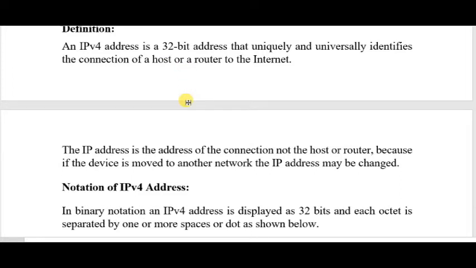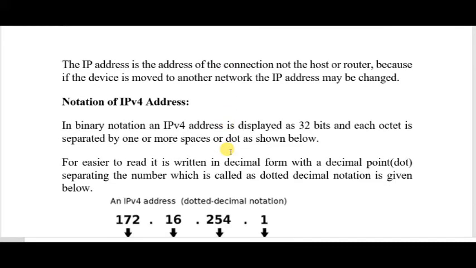An IPv4 address is a 32-bit address which is unique and universally identifies the connection of a host or a router to the internet. Next is the notation of IPv4 addresses. How can we represent an IPv4 address?